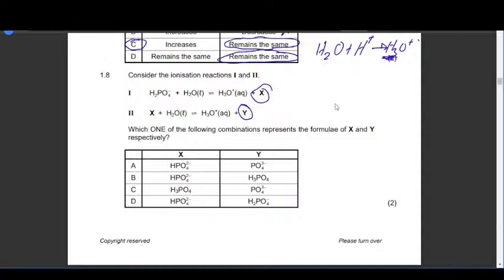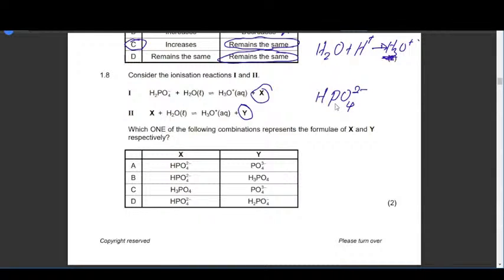So if it remains 1, okay, let me show you what I'm saying. So check, it was -1, but it has lost another hydrogen, so it becomes -2. These were 2 hydrogens.